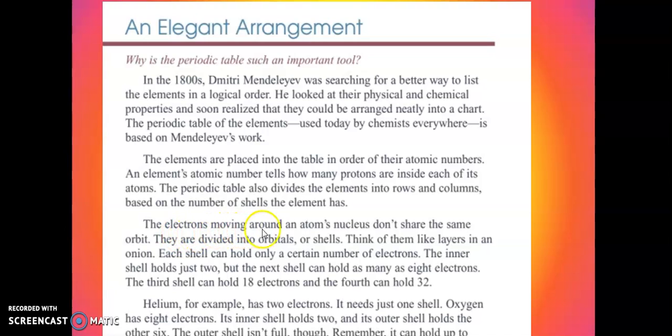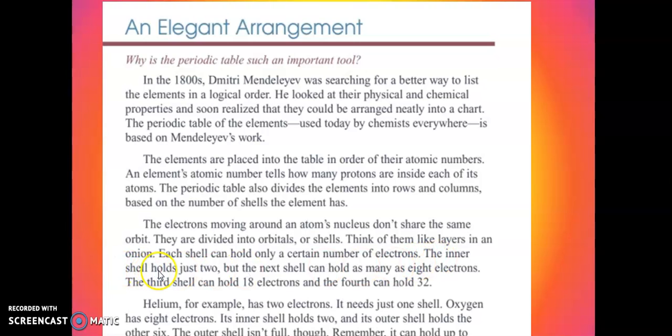The electrons moving around an atom's nucleus don't share the same orbit. They are divided into orbitals or shells. You're going to define this word in the notebook. What does shells mean? Think of them like layers in an onion. Each shell can hold only a certain number of electrons.